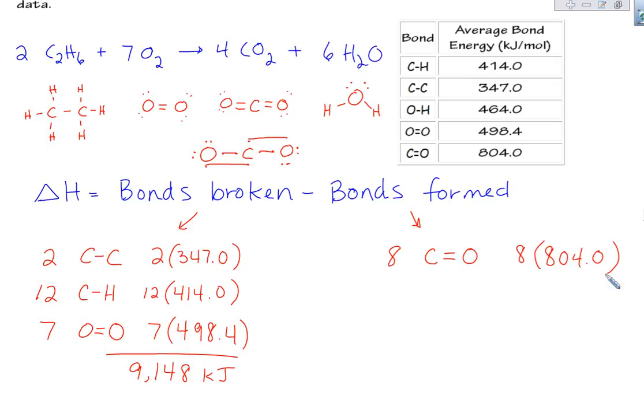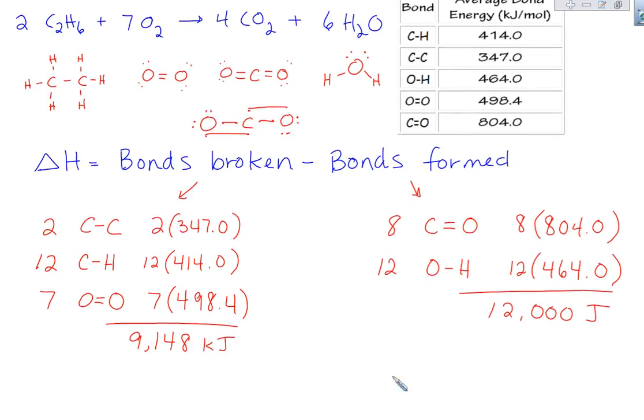And then I've got 2 of these oxygen-hydrogen singles times 6 for 12. Oxygen-hydrogen singles: 12 times 464. Excellent. So plug all that in for 12,000 kilojoules.